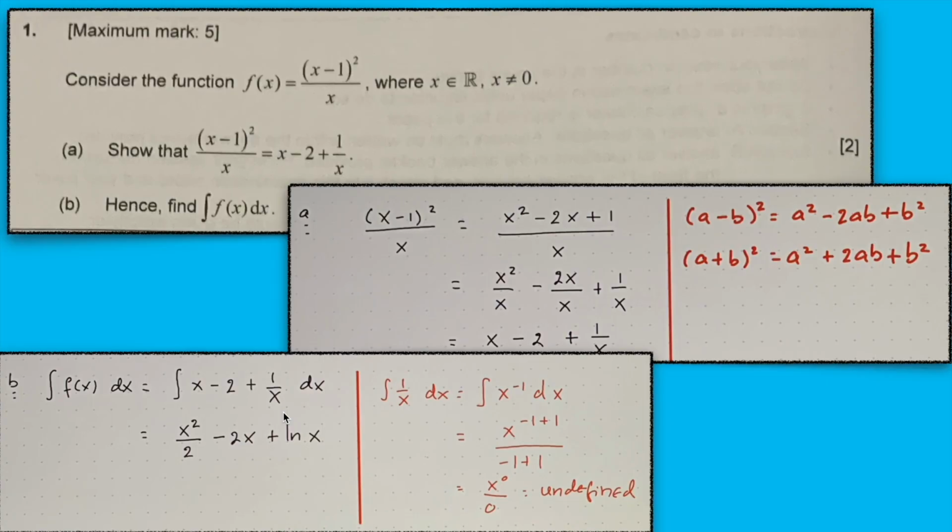For the integral of 1 over x, we cannot use the same method, because if we did, we'll get an undefined answer. And don't forget, since this is an indefinite integration, we have to put the arbitrary constant plus c, like so.